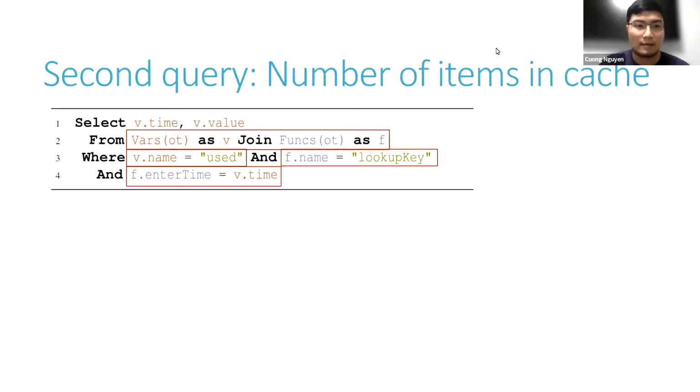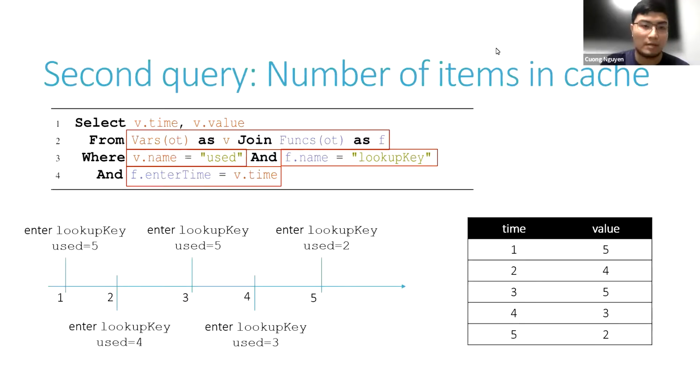And then it gets the values of the variable named used right before the lookupKey function is called. This variable is used by Redis to store the number of items in the cache. So what we're doing is simply collecting the values of the used variable every time the lookupKey function is called.